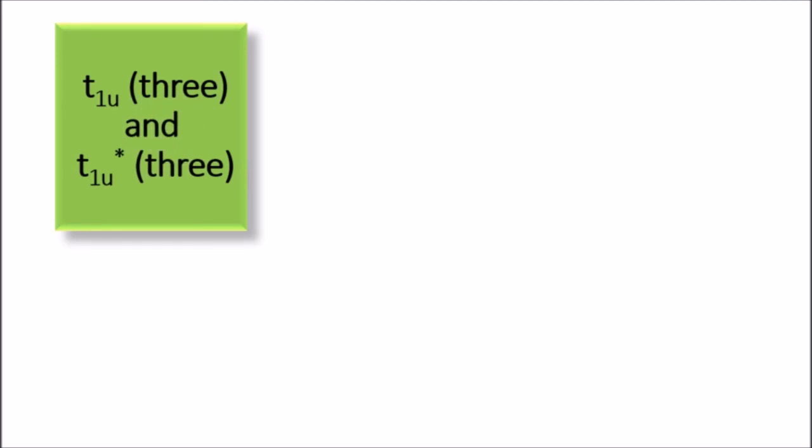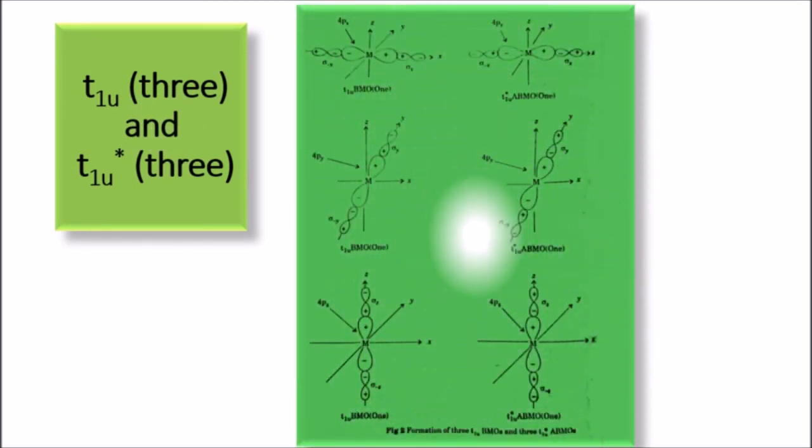Second one is for T1u, 3T1u and 3T1u star. The pictorial interaction is shown. Here you can see the positive interaction, and here the negative interaction, and that is why we have written the normalized molecular orbital wave function as 1 under root 2 times sigma x plus sigma minus x.